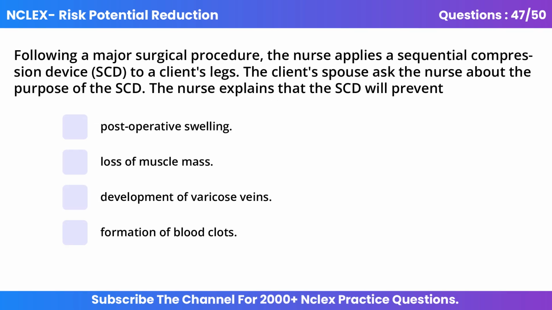Question 47. Following a major surgical procedure, the nurse applies a sequential compression device, SCD, to a client's legs. The client's spouse asks the nurse about the purpose of the SCD. The nurse explains that the SCD will prevent D. Formation of blood clots.